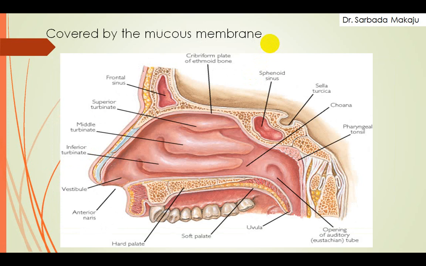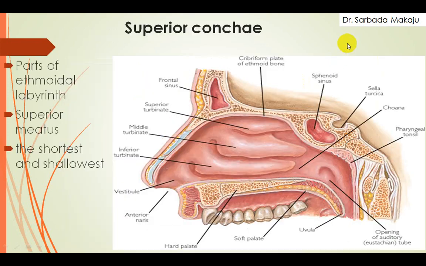This skeleton of the nasal cavity is covered by the mucous membrane, and this is how it will look in the human body. Now the superior concha. This portion is known as the superior concha and it is formed by the ethmoidal labyrinth.